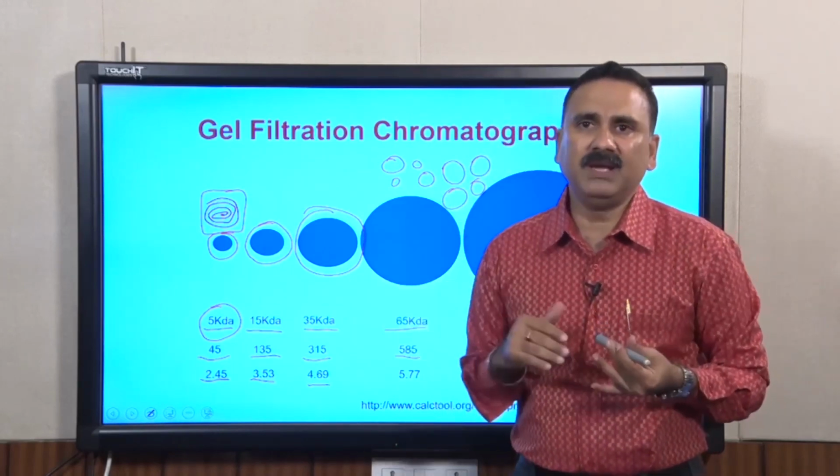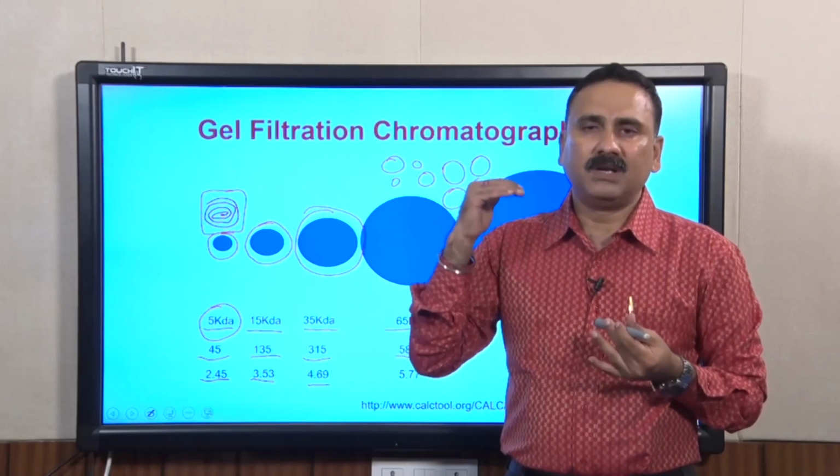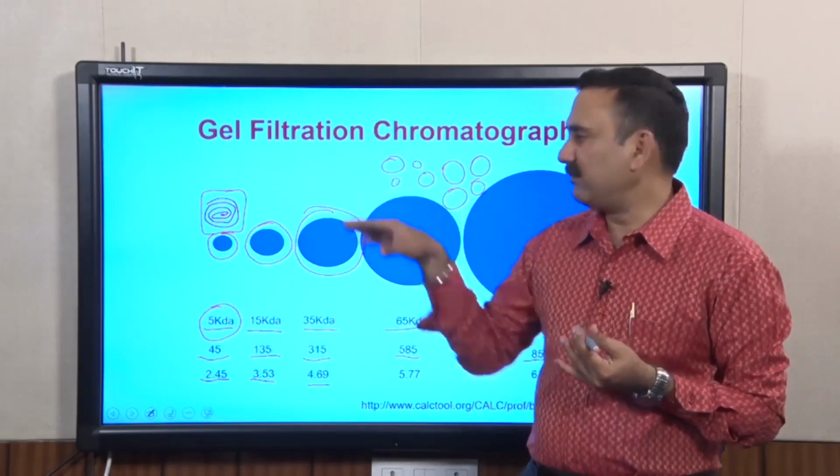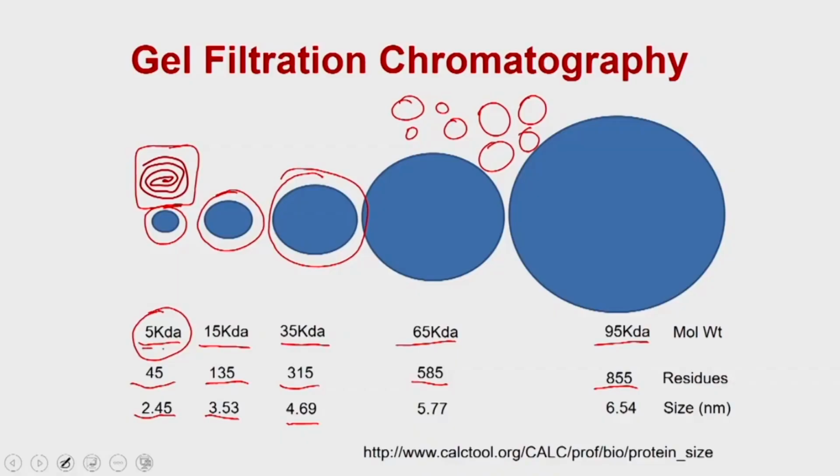different pore sizes. In general terms, if you want to separate a protein of 5 kilodalton from the 65 kilodalton, you can see that 65 kilodalton is of this diameter compared to the 5 kilodalton which is of this diameter.